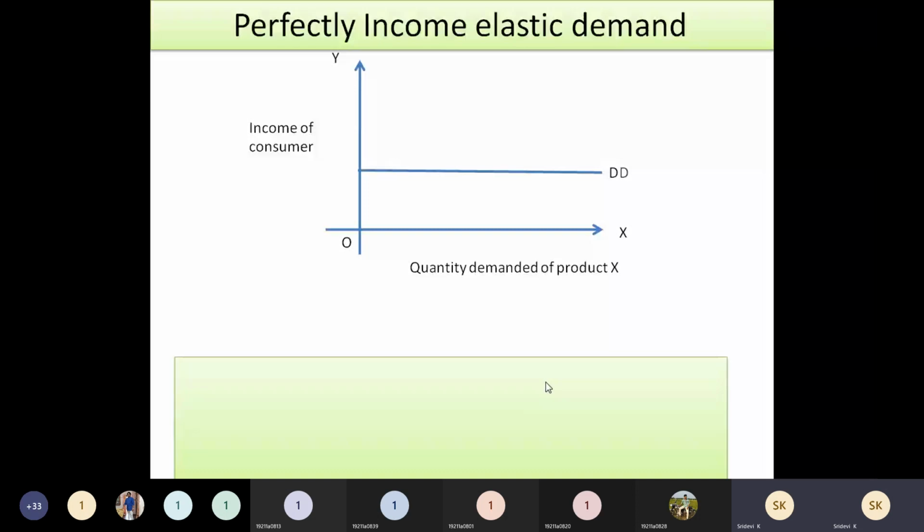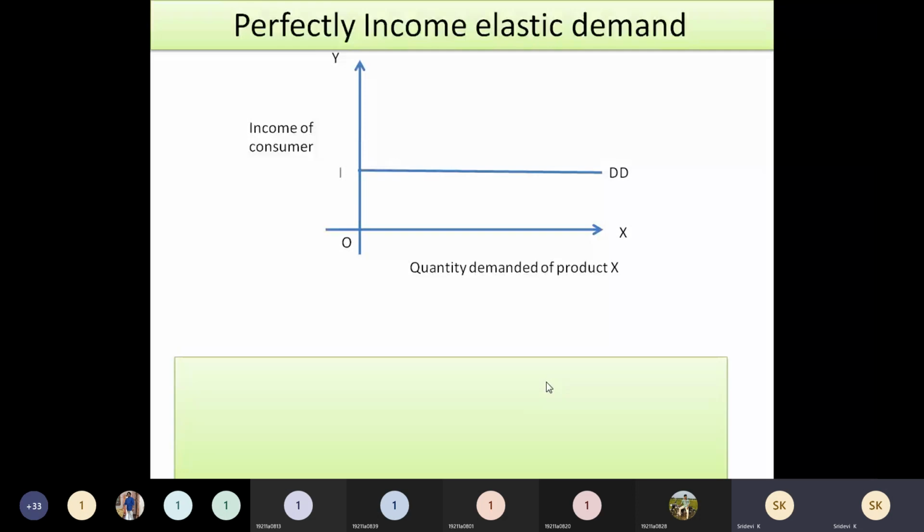The same thing you are going to write below the graph. On the x-axis we have taken quantity demanded, on the y-axis income, and DD is the demand curve, a straight line horizontal to the x-axis. Same wordings, only here you replace price with income of consumer.